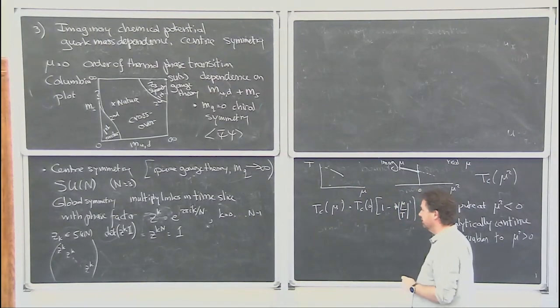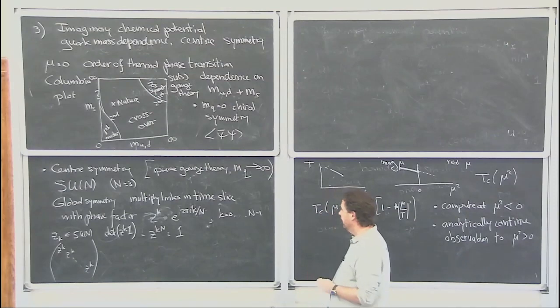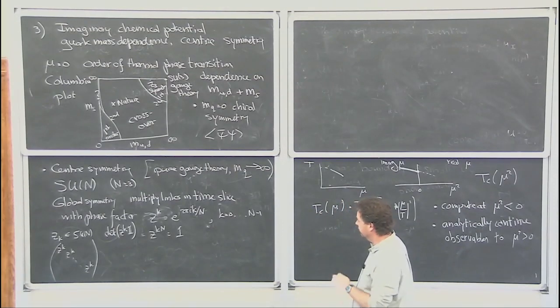So these matrices, these phase vectors, when viewed as matrices, have determinant 1. So as SUN matrices, they're part of the group.